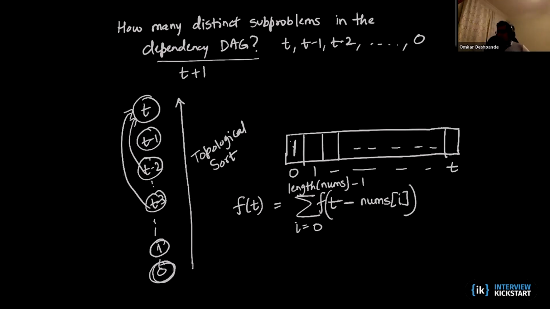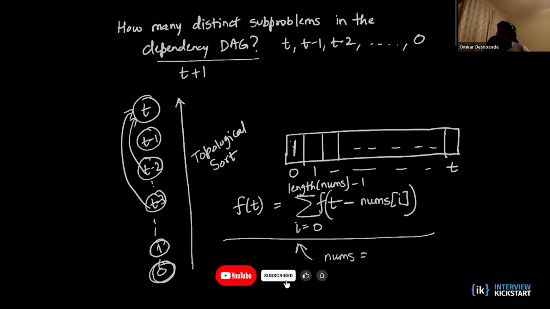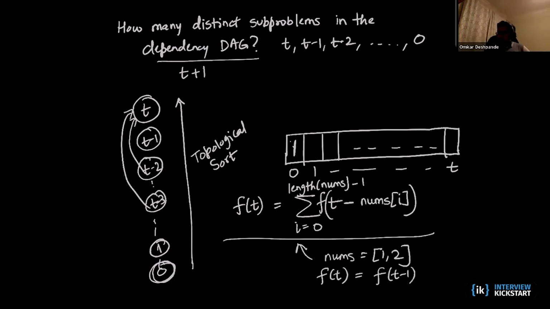Okay. So this is our recurrence, and notice that if nums was just 1 comma 2, this would be nothing but f of t minus 1 plus f of t minus 2, which would be the Fibonacci recurrence, or the recurrence we got in the climbing stairs problem in the foundation videos.